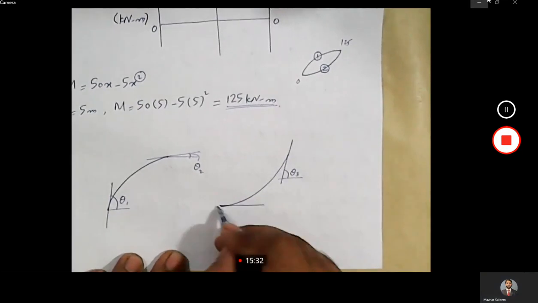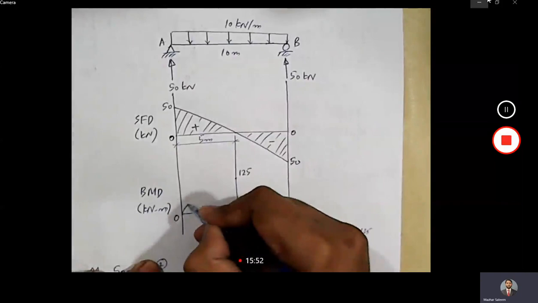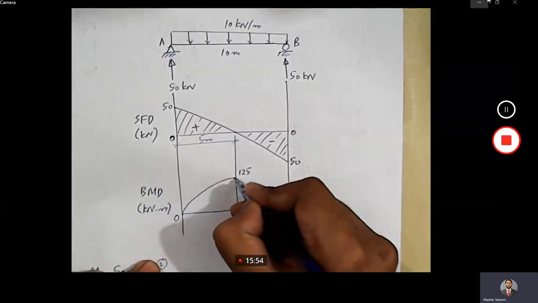Here, the magnitude of shear force is decreasing. So we will draw a curve with decreasing slope, and it will be somewhat like this.